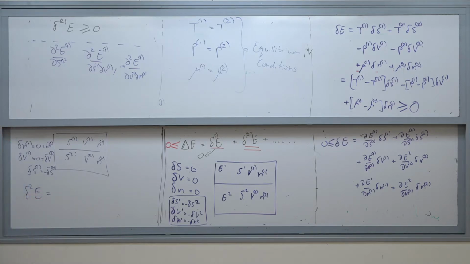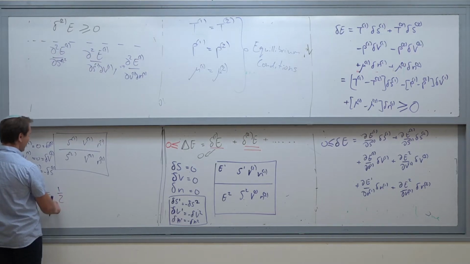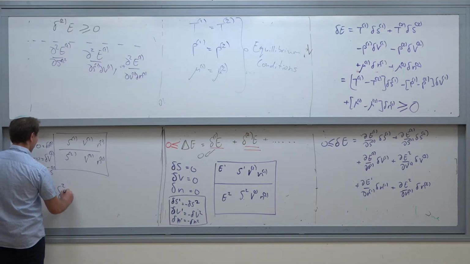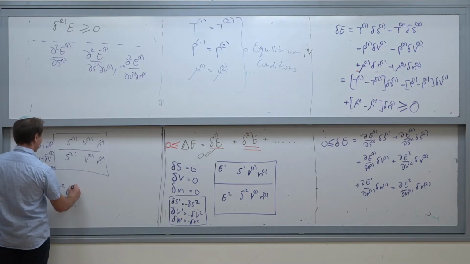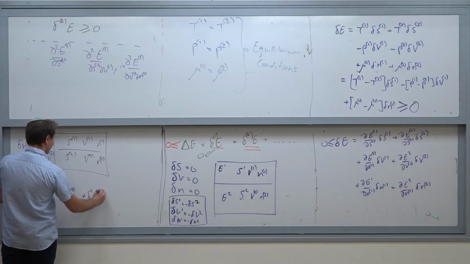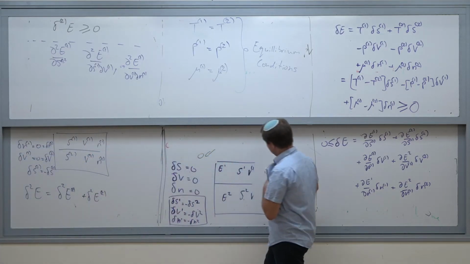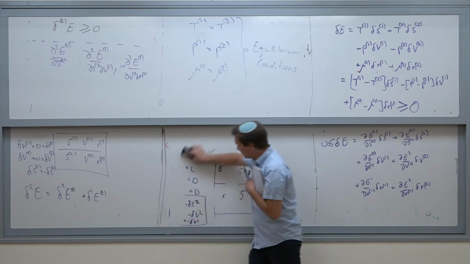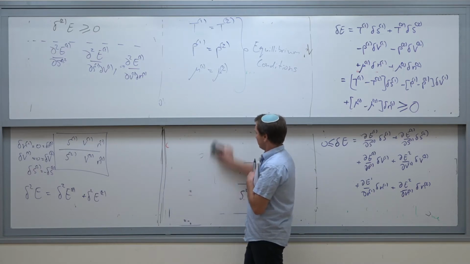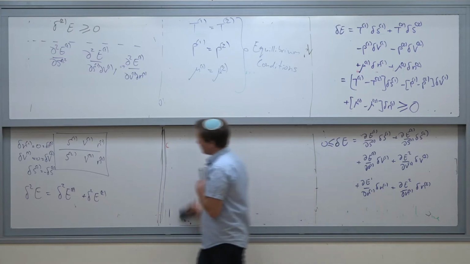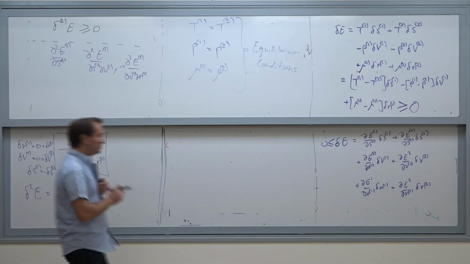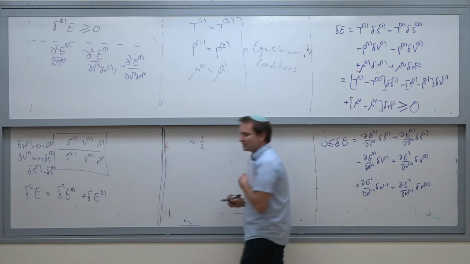Now we write our second variation. It's the second variation of E1 plus the second variation of E2. So what's the second variation of E1? It's 1/2 delta squared of E1 plus delta squared of E2. Now the second variation, where we are varying only one variable, is simply a second partial derivative.